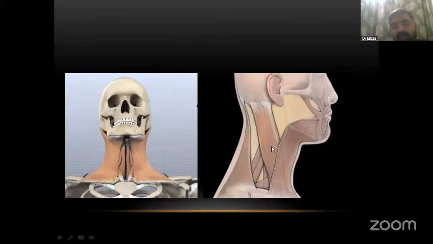Above this, we can palpate the sternocleidomastoid muscle. Look at here. And this will be our target when we approach the ACDF: the anterior border of the sternocleidomastoid muscle. So the most superficial is the platysma muscle, and second is the sternocleidomastoid muscle.